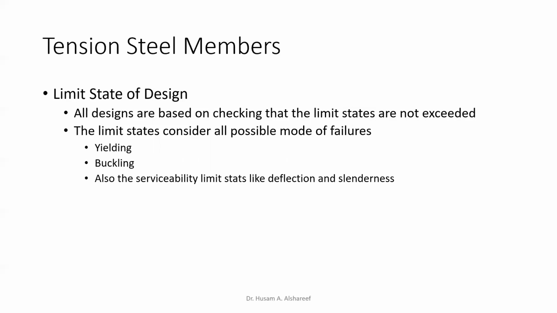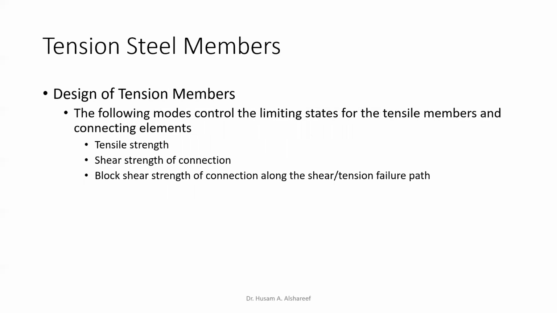Now, for the limit states of tensile members and connecting elements, we look at the tensile strength, the shear strength of connections, and the block shear strength of connection along the shear or tension failure path, and we'll study the three of them in detail.